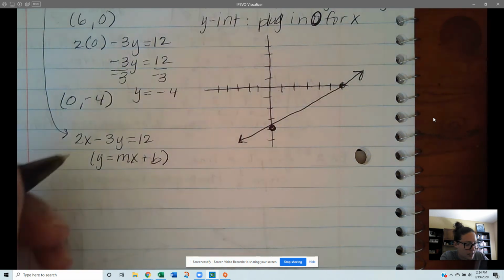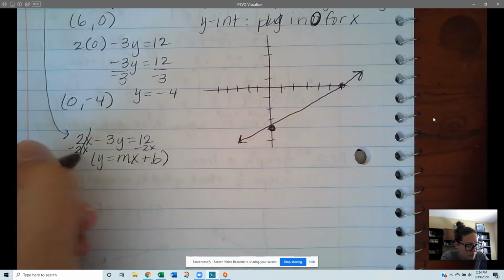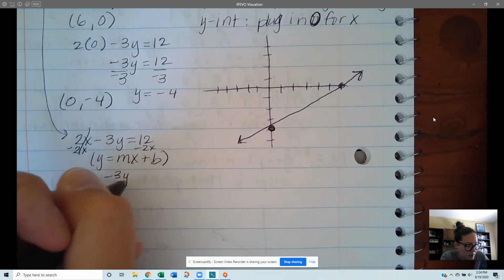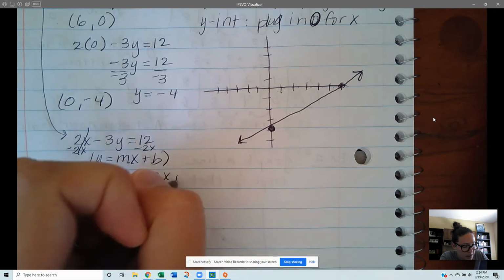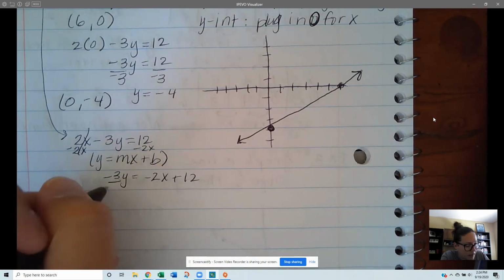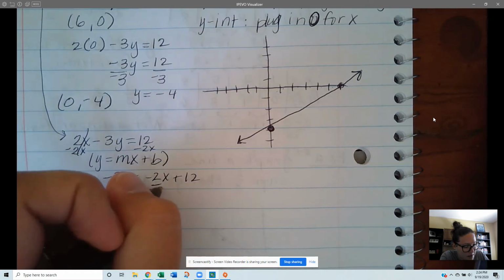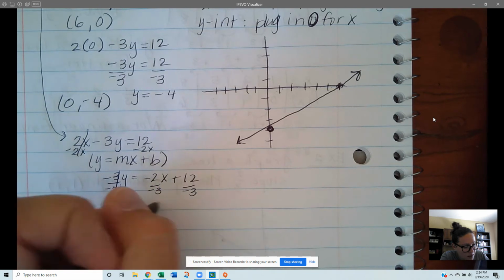And I'd be left with negative 3y equals negative 2x plus 12. And then I would divide everything by negative 3. And a negative over a negative is really a positive. 12 divided by negative 3 is minus 4.